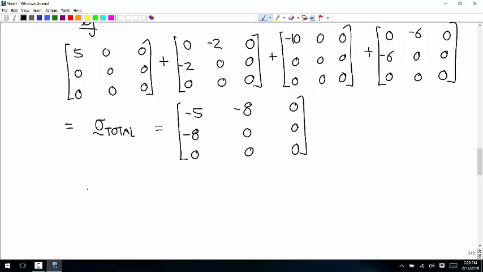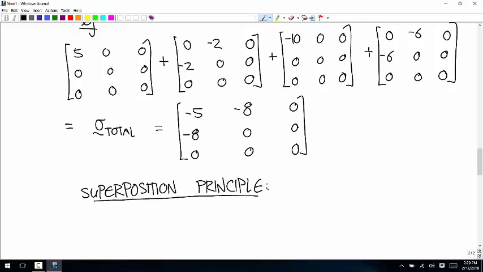This is called the superposition principle. And this idea of superposition comes up in a lot of engineering applications. The idea is that the actual state is what you get by treating each individual component of that state independently.